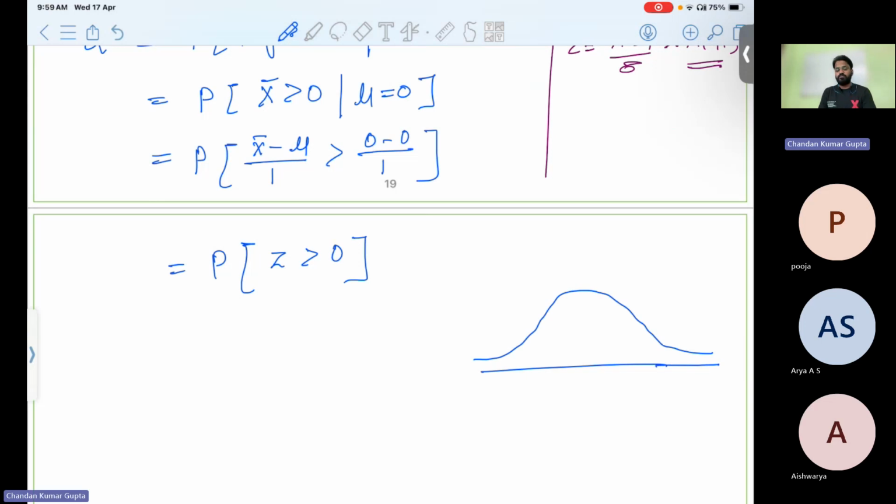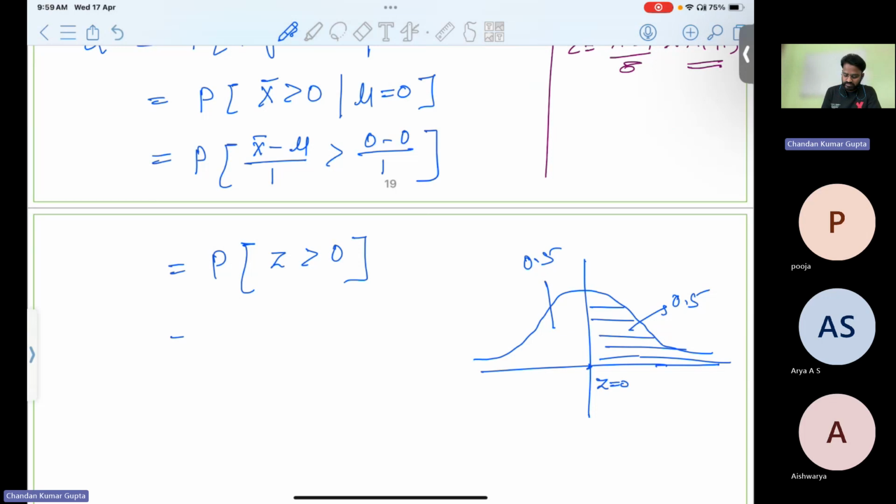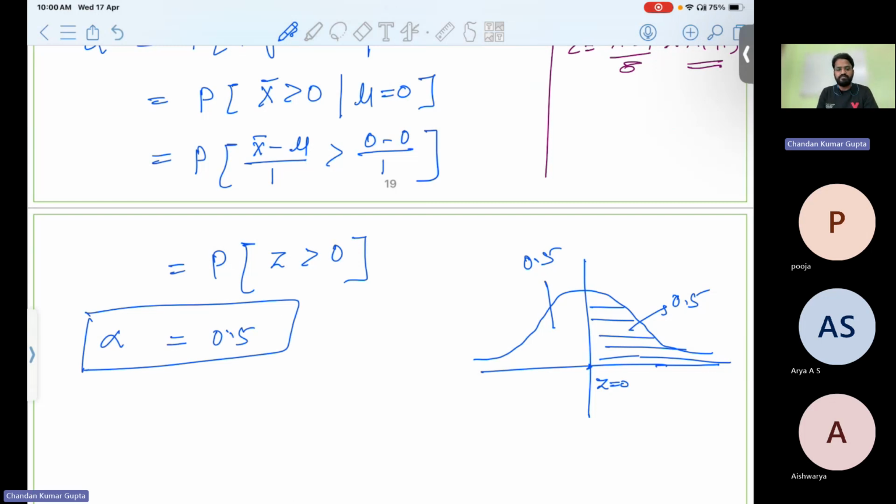We know that the curve of the normal distribution is symmetrical about Z equal to 0. So this area is 0.5 and this area is 0.5. So the probability that Z is greater than 0 is this area, and this is nothing but 0.5. So the value of alpha, or the size of the test, is 0.5.